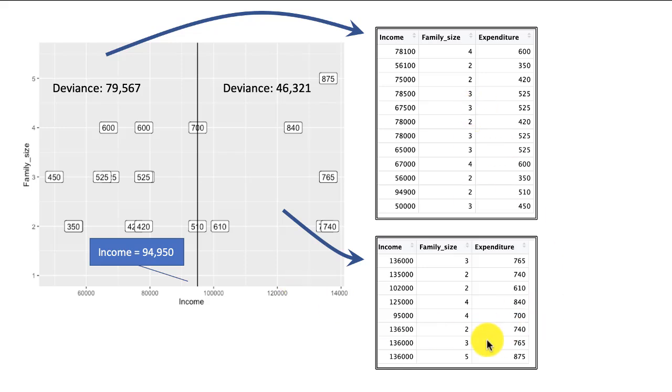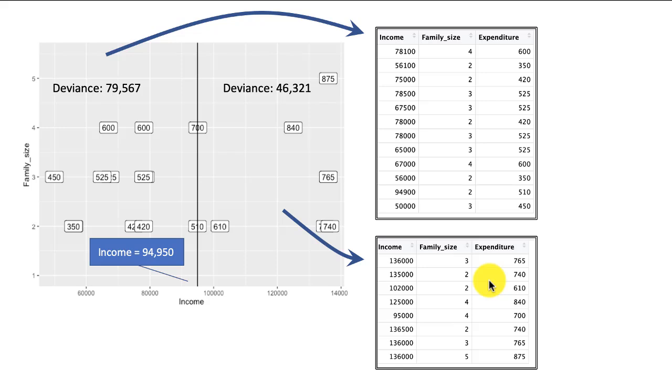On this set, you have a certain set of splits possible. So you again sort all the incomes, and then you see which are all the possible places at which income can be split. And here again, family size, which are the possible places at which family size can be split. So a certain number of splits are possible on this, certain number of splits are possible on this.